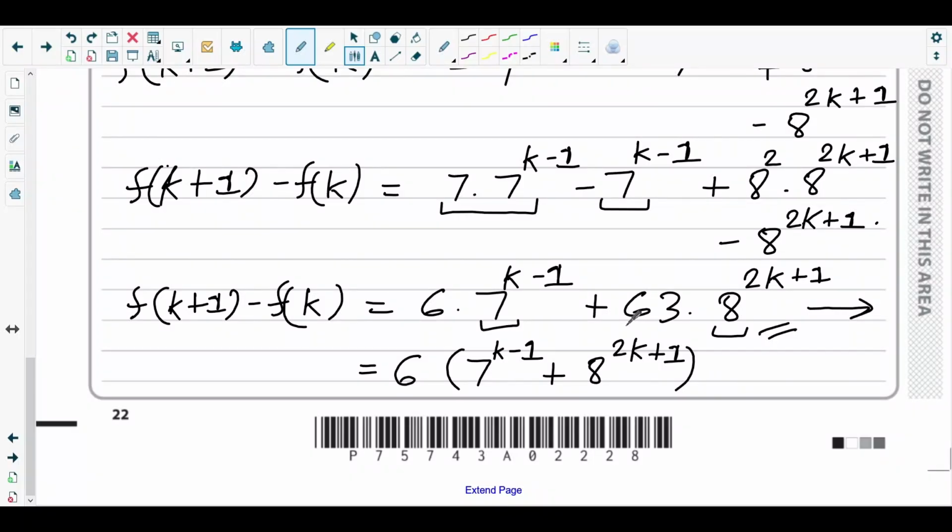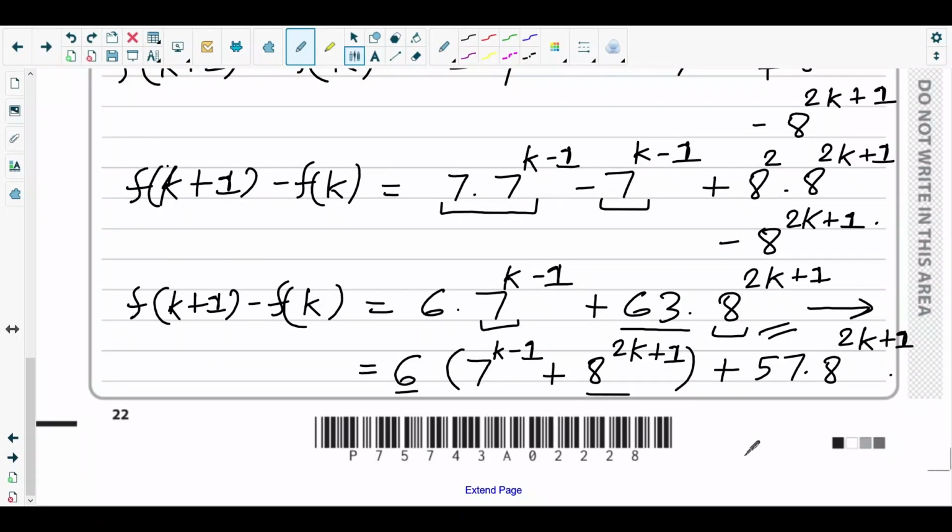So it is 63 8 to the power 2k plus 1, but here we have 6 times 8 to the power 2k plus 1. So how much is remaining? There are remaining 57 8 to the power 2k plus 1.